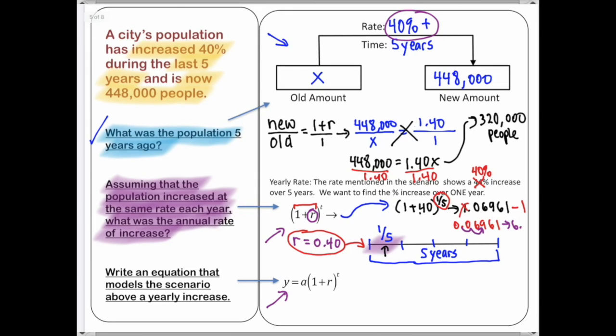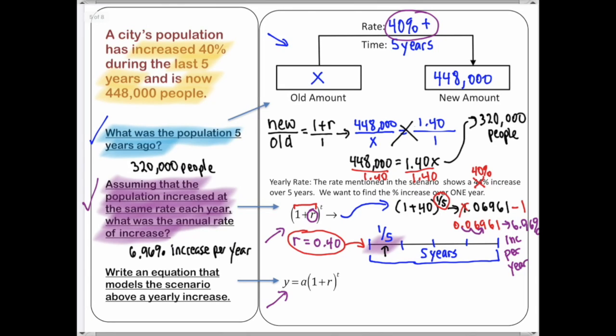I get 6.96% increase per year, okay? Not just 5 years, per year. And so that is going to be the answer to the second part here. So let me go ahead and put these answers where they should be over here.